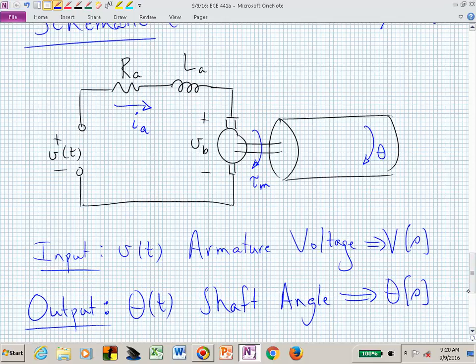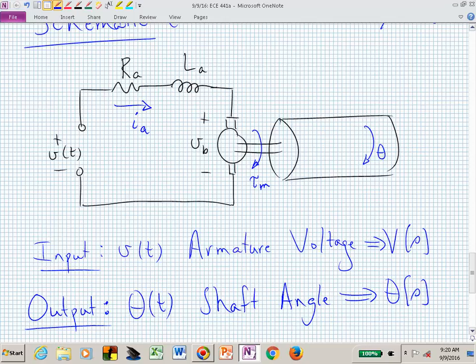And now what's the voltage dropped across that resistor? Ohm's law, right? R sub A, I sub A. And what about the voltage dropped across the inductor? That's Eli, isn't it? That's L di sub A dt.